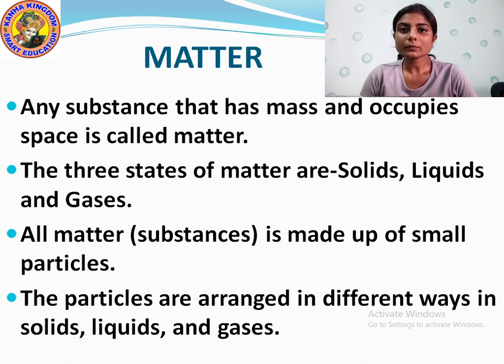What is matter? Matter is the substance that has mass and that can occupy space. There are three states of matter: solid state, liquid state and gaseous state. Then all matter, that means all substances, is made up of particles.